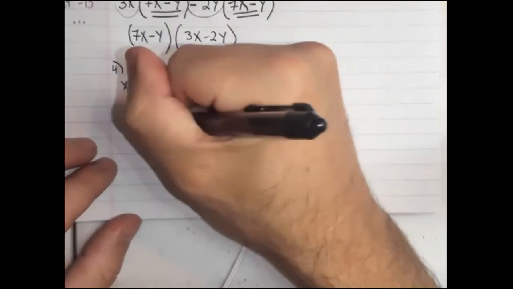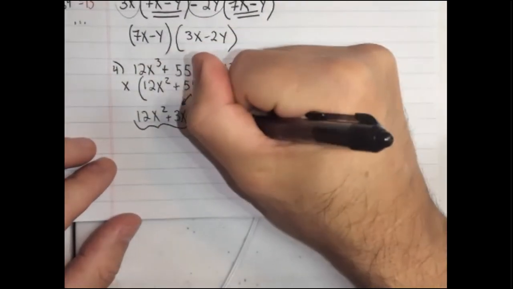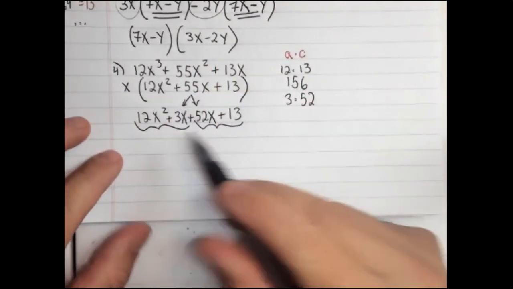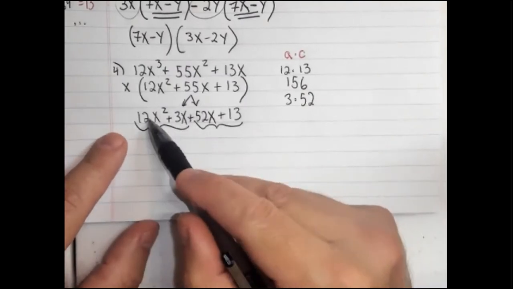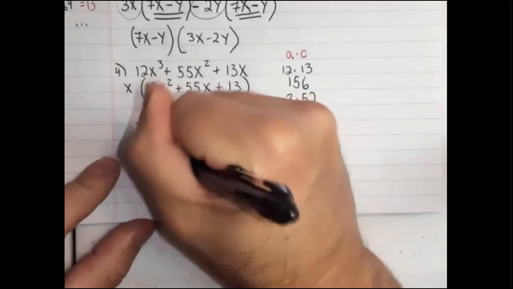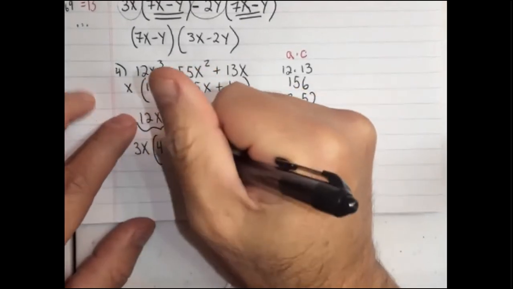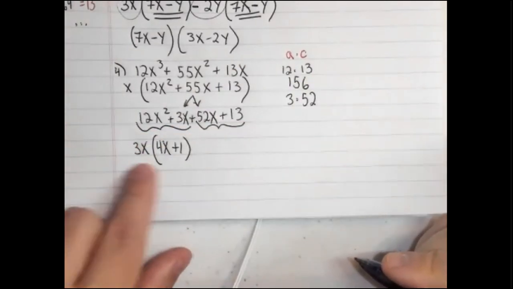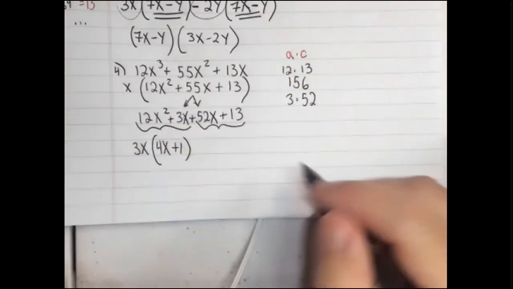Okay, now it goes back to where we have to factor by grouping. The GCF between the first two terms is actually 3x, and that'll leave me 4x plus 1, because I'm pulling out the whole 3x. Remember, we've got to put a value in there.